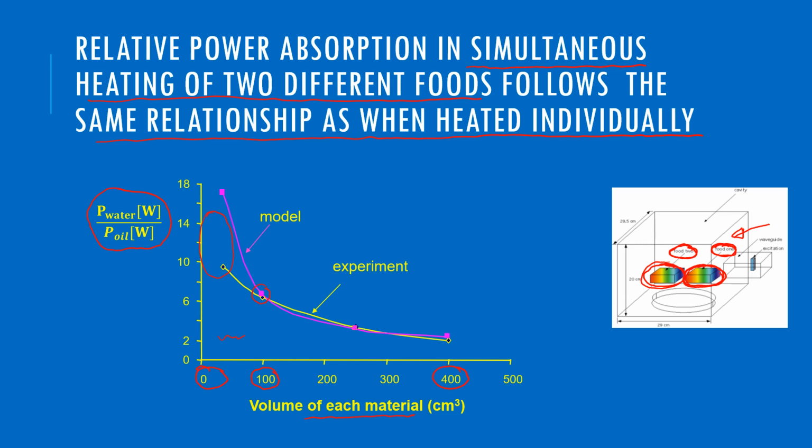At larger volumes, while water still absorbs more than oil, because you see the ratio here is closer to 2, the difference between them is not much, and you can see the trend. They're trending toward being close to the same amount of power being absorbed. We're going to see that this trend at low volume and high volume continues for different pairs of food.